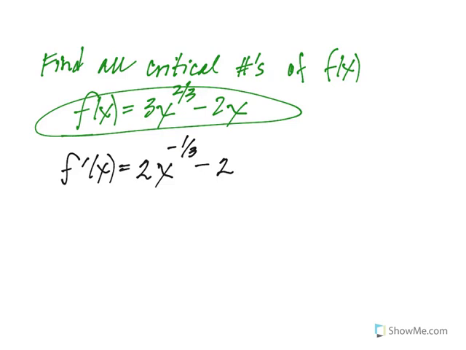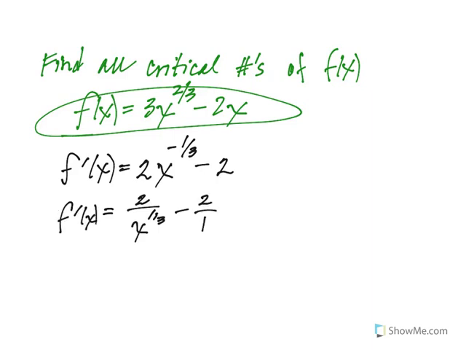All right, now in this section, I think you should simplify this into a single fraction because it's going to make finding where it's equal to 0 and where it's undefined much, much easier. So let's go ahead and clean this up. This is the same as 2 over x to the 1/3 minus 2 over 1.